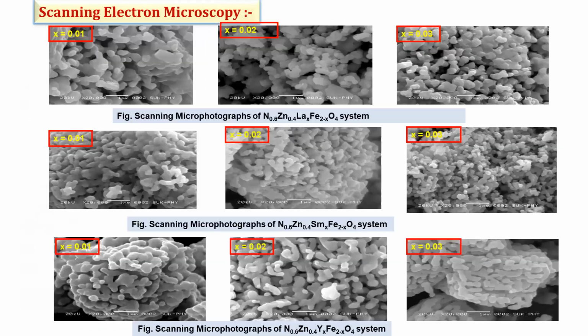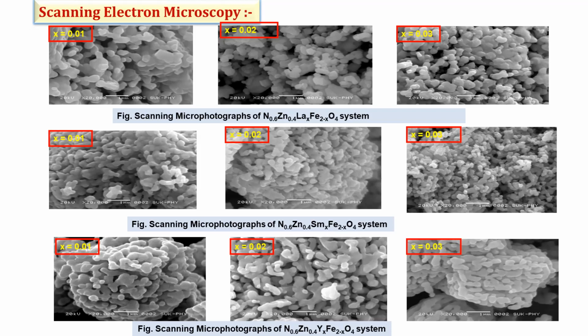Here we display the scanning electron microscopy. These are the microphotographs of our samples. These samples indicate the good formation of grains by the oxalate co-precipitation method. With the lanthanum, samarium as well as yttrium substitution, the grain size decreases. The grain size of the NiZn ferrites decreases with the substitution of lanthanum, samarium as well as yttrium, and this is the most important advantage of our sample.